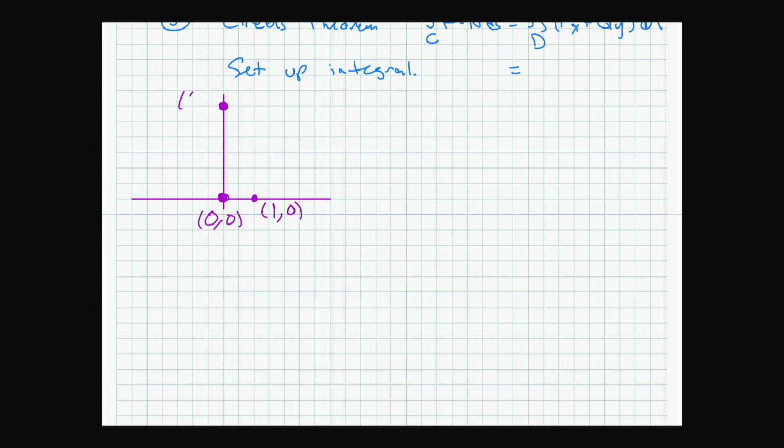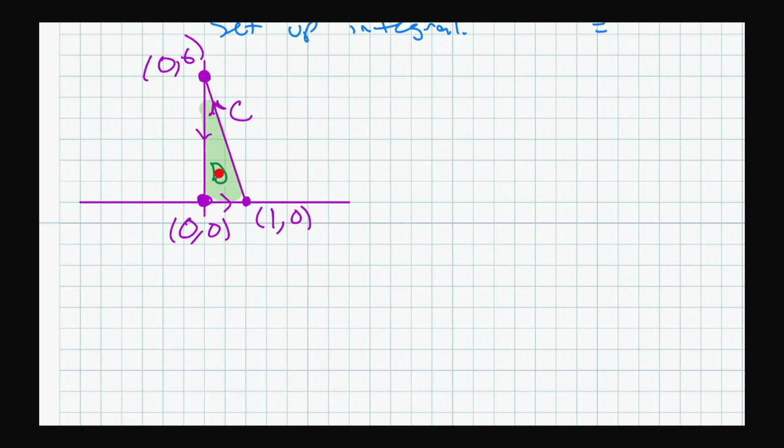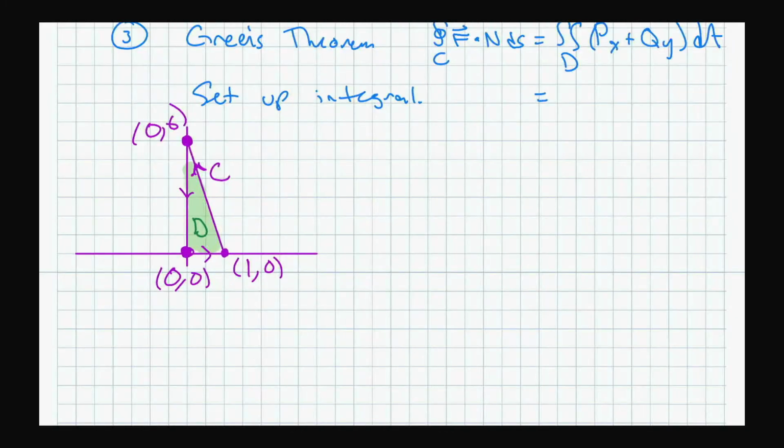So our curve is like this, oriented counterclockwise. And the region we're going to be dealing with is on the inside. The inside is where D is. So the curve is on the outside, and D is the middle. Okay, so that's our setup.